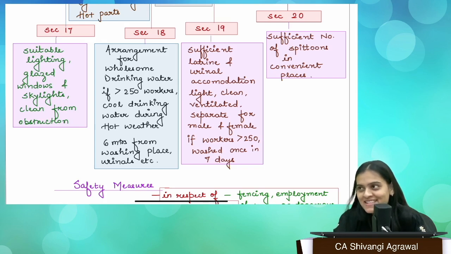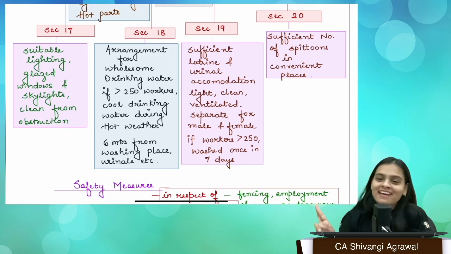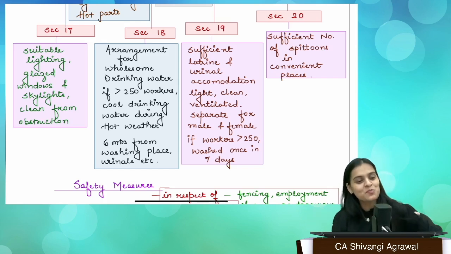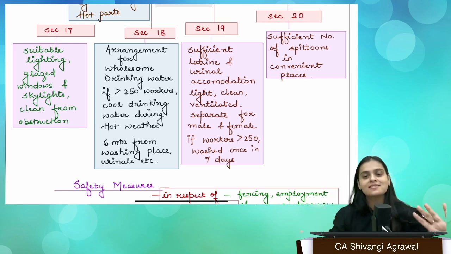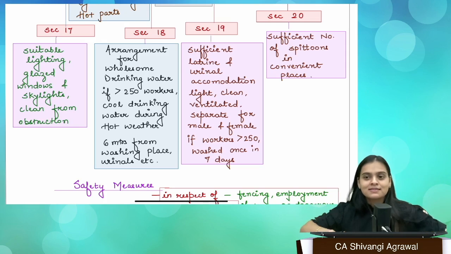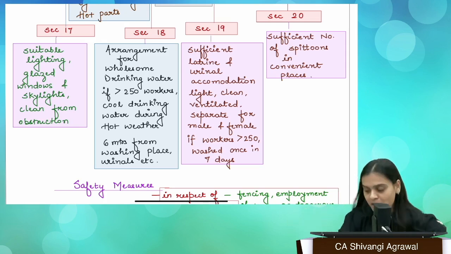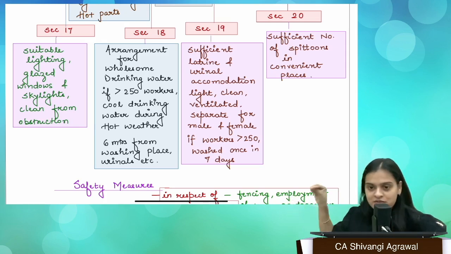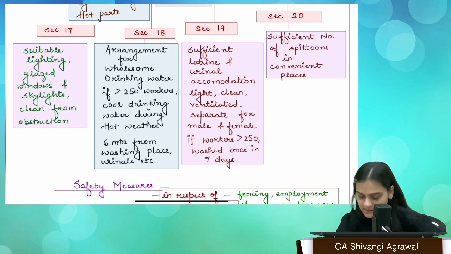Spittoons are very much needed, especially in India, because mostly workers have a tendency of consuming tobacco in some form. So every factory should have a sufficient number of spittoons at convenient places, and they should also be kept clean.